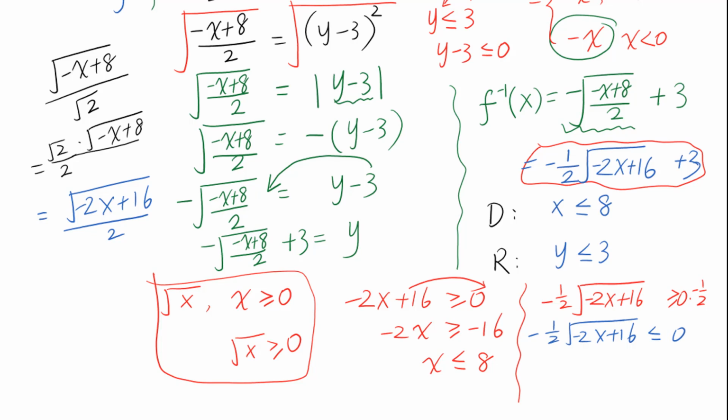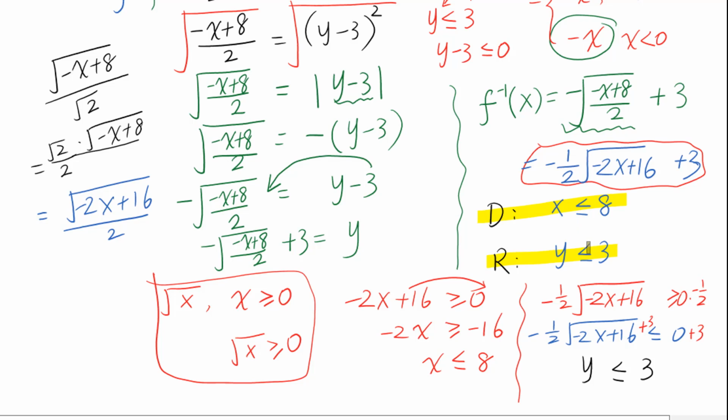Then you add 3 both sides. You will get y less than or equal to 3. You have 2 ways to figure out the domain and range of an inverse function. Compare these 2 methods, and choose the one that is easier for you.